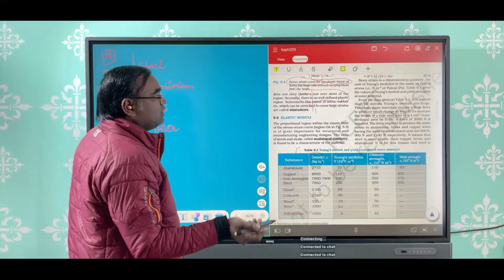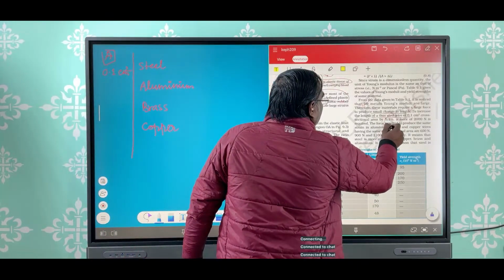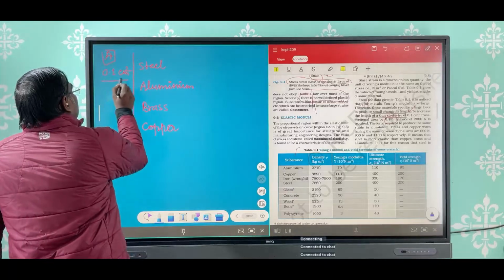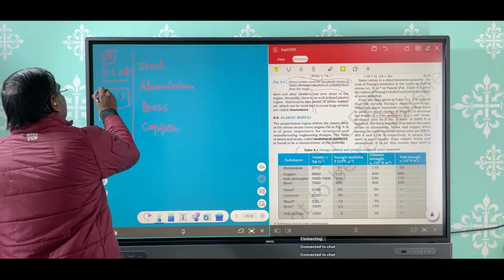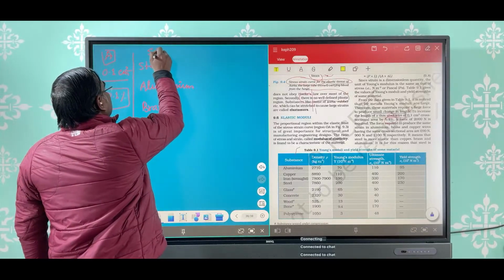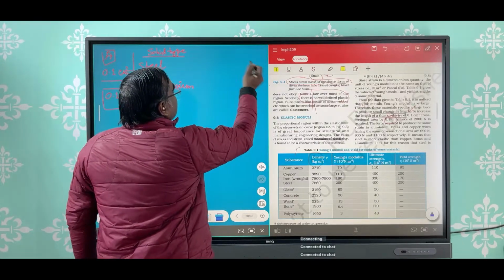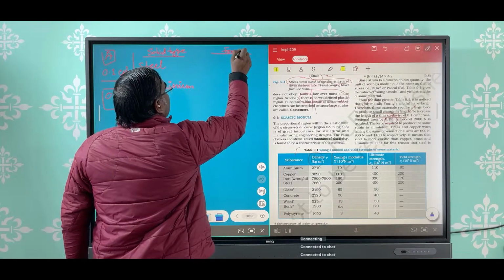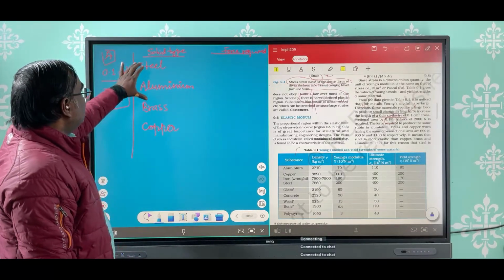So if you want to produce a change in length of 0.1% for each case, this is the solid type, metal type, and this is the force required for producing the same length change for different materials.